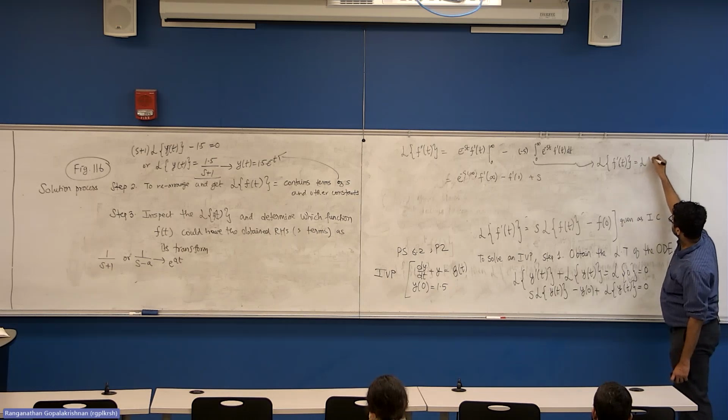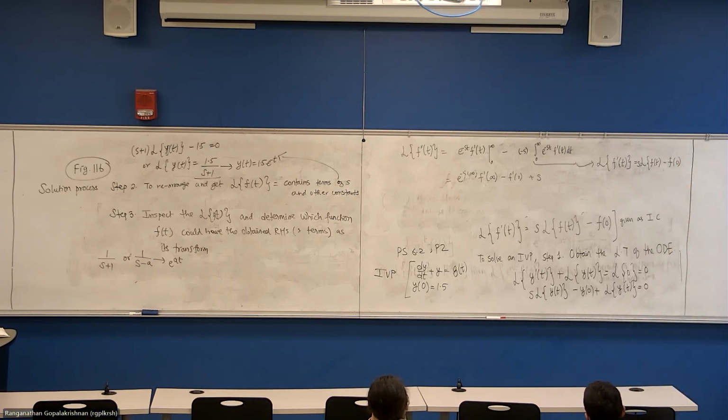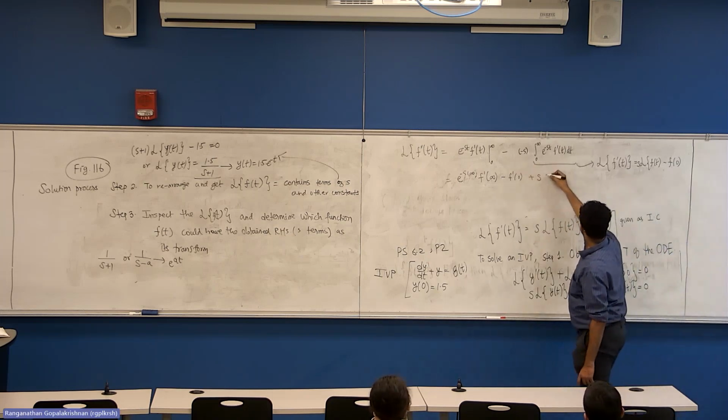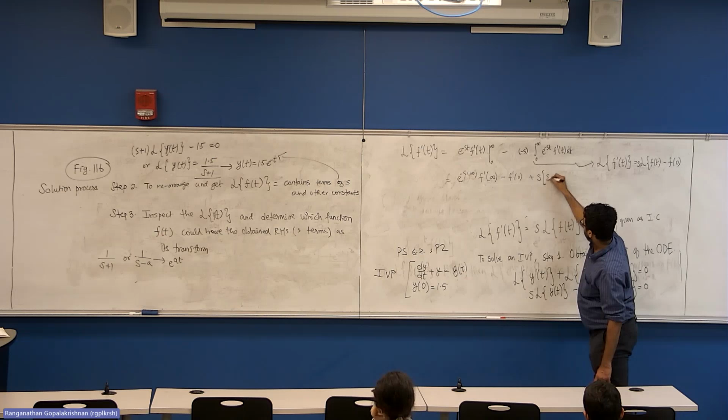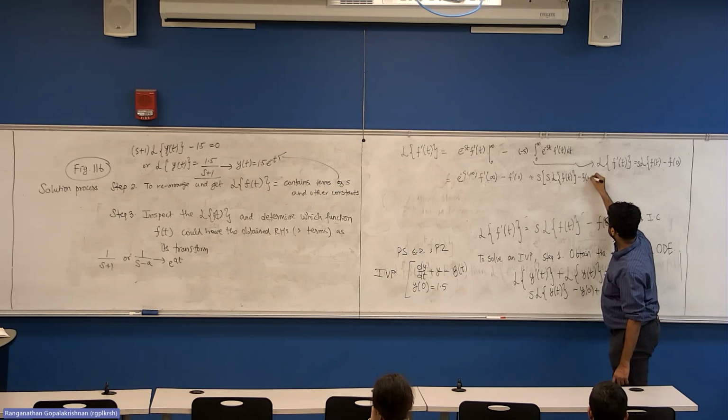This is Laplace transform of f of t times s minus f of 0. We knew that result, right? So I'll have plus s times s Laplace transform of f of t minus f of 0.